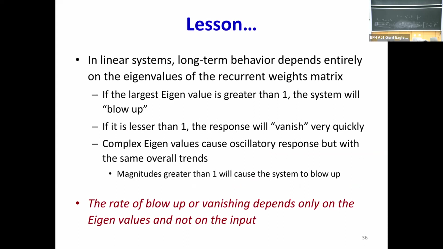If the largest eigenvalue is greater than 1, the response is going to blow up. If it's less than 1, the response will vanish very quickly. Complex eigenvalues can cause some oscillatory behavior, but to the same overall trends. And the rate of blow up or vanishing depends only on the weight matrix. It does not depend on the input. Now, everyone with me? Right, okay.